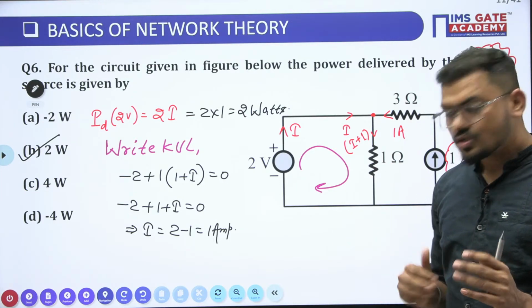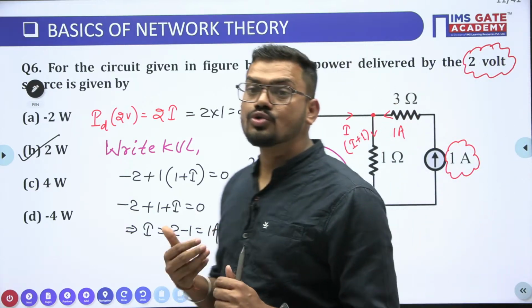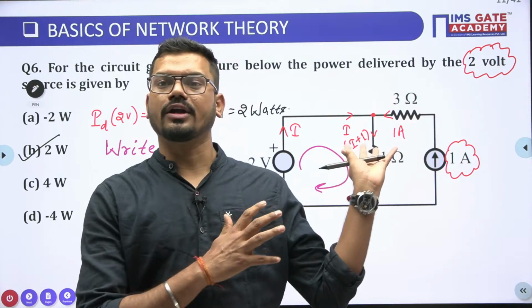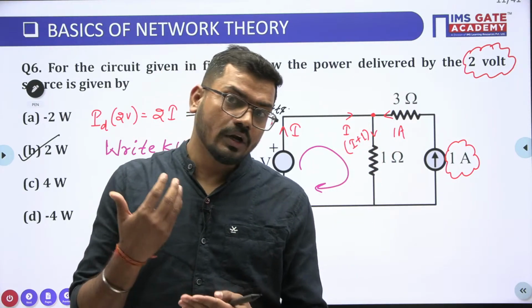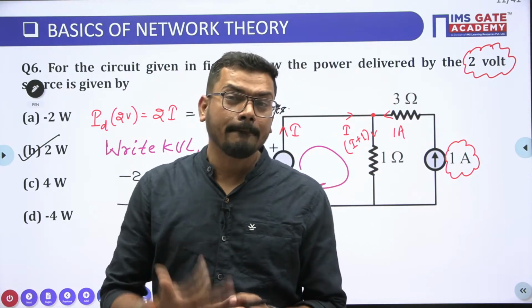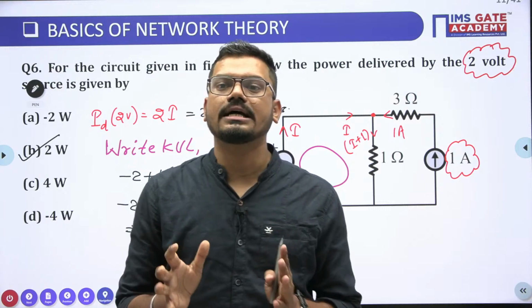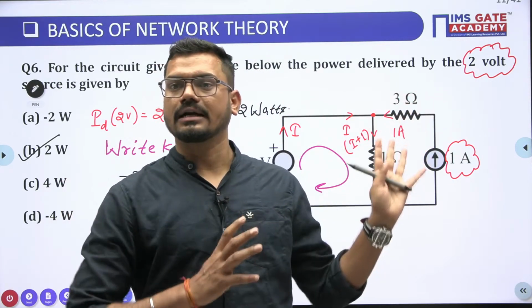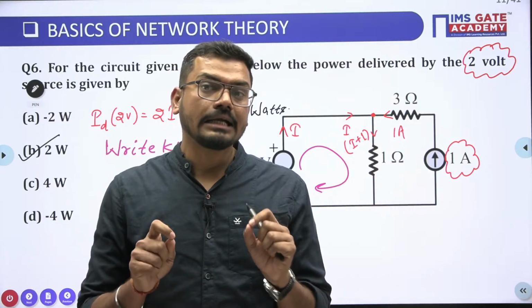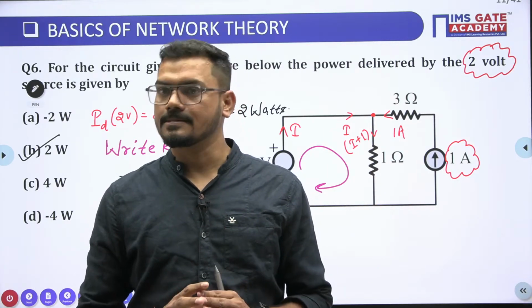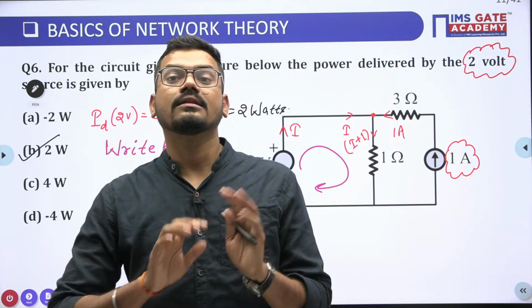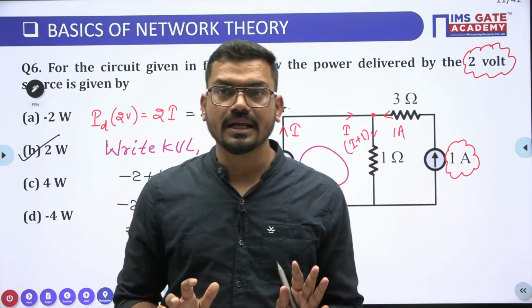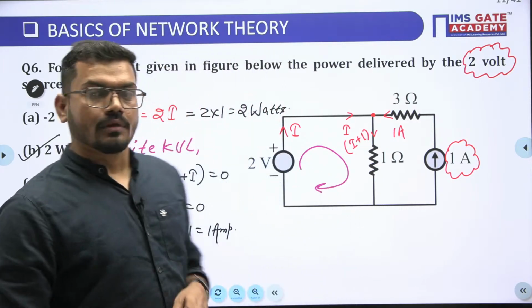That type of clarity we should have for all the questions, at least for network theory. In network theory, for every problem we have multiple solutions. We can solve any problem by multiple methods, guys. And we are learning the same thing here. Is it clear to all, yes or no? Respond please. Okay, very good.